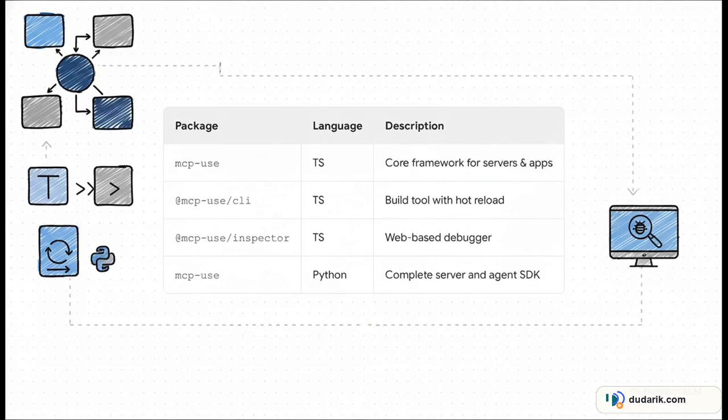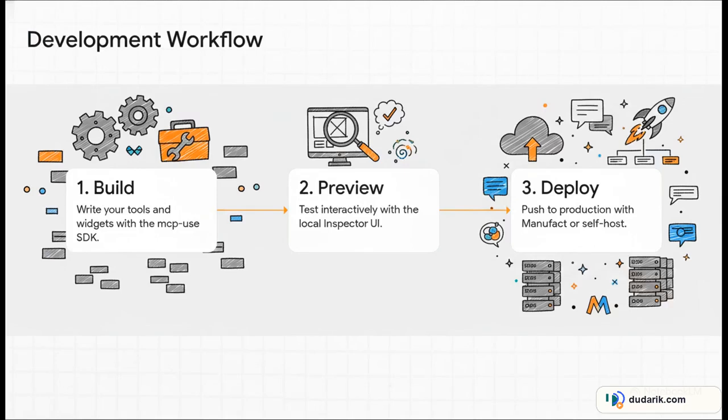You've got the core frameworks for both TypeScript and Python, a command line tool that gives you stuff like hot reloading, and of course, that awesome inspector for debugging. So your whole workflow becomes super clean and simple. You build your tools and widgets. You test them out instantly with the local inspector. And when you're ready to go live, you can deploy it however you want, either with their hosting platform, Manufact, or by hosting it yourself.